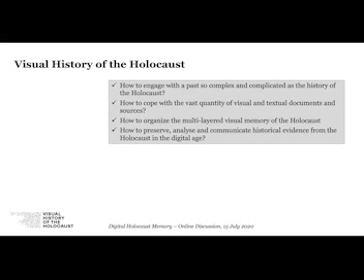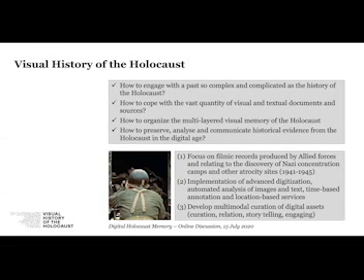But the question is, of course, how to organize these sources and how to create a multi-layered visual memory that meets this complexity I was talking about. And how to find ways not only to preserve and analyze this material, but also to communicate the historical evidence of the Holocaust in the digital age, which brings us especially also to our focus on curation.